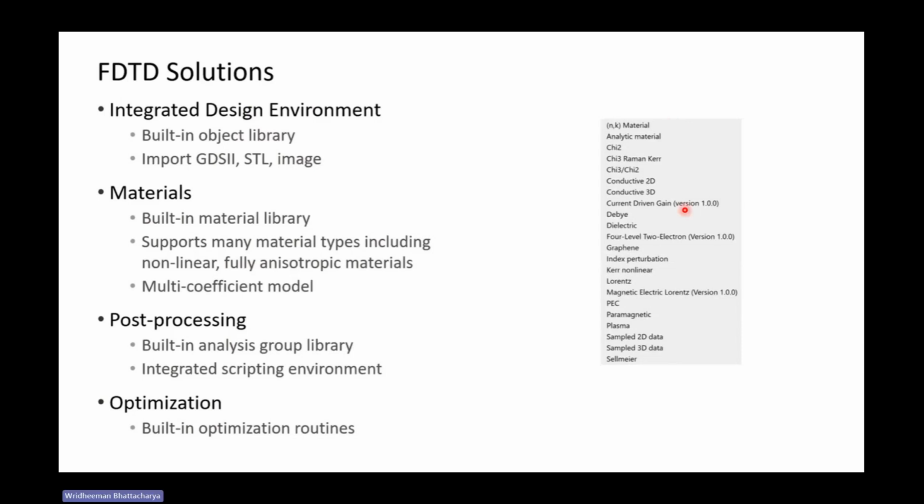The Sellmeier equation, and graphene or the four-level two-electron, or the sampled 2D data or sampled 3D data. We basically use the sampled 3D data or sampled 2D data primarily, and according to the applications or our need, we change our input source.